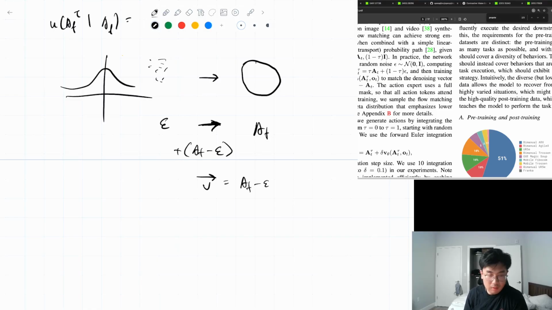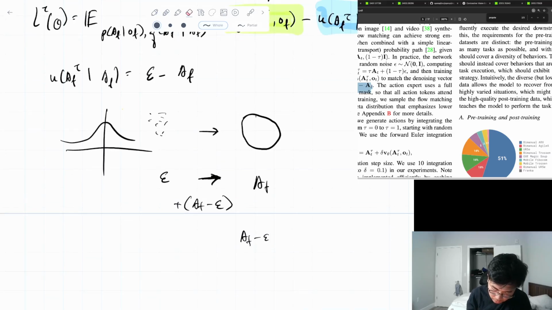Is that right? Yes. In this case it's actually epsilon minus AT. Okay, yeah, so that is the direction we need to go in.